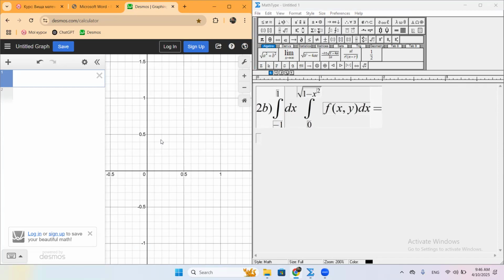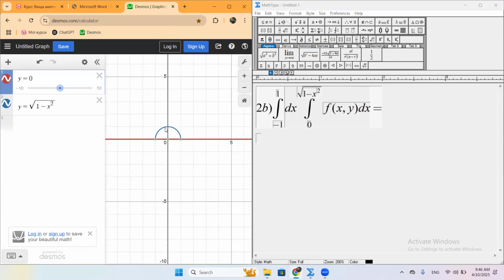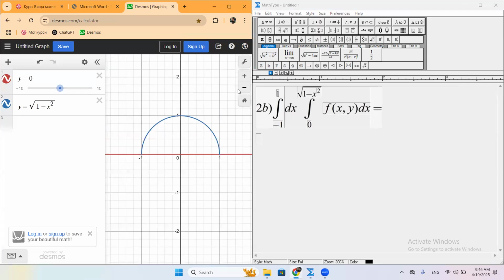Let's plot the circle: y equals 0 and y equals the square root of 1 minus x squared. So this is the region of integration. x is from -1 to 1, and y is bounded by these lines. This is the semicircle.